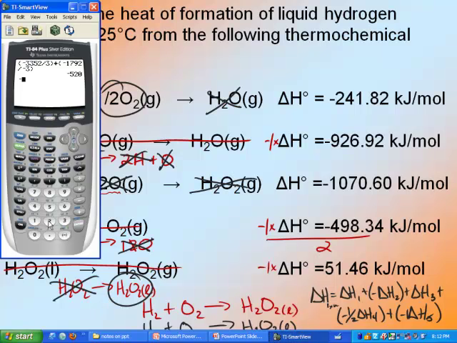It's a lot. Let's go negative 241.82 plus negative 1 times negative 926.92 plus negative 1070.60 plus negative 0.5 times negative 498.34 plus negative 1 times 51.46.